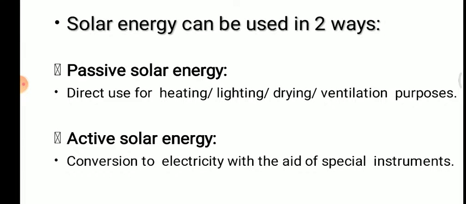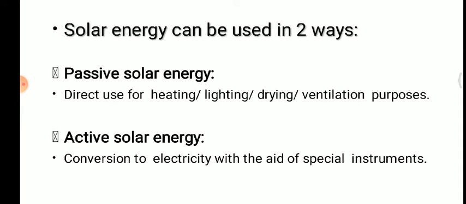Solar energy we can use directly. Passive means the solar energy is directly used in particular applications, for example solar light. So solar light is a passive solar energy source.